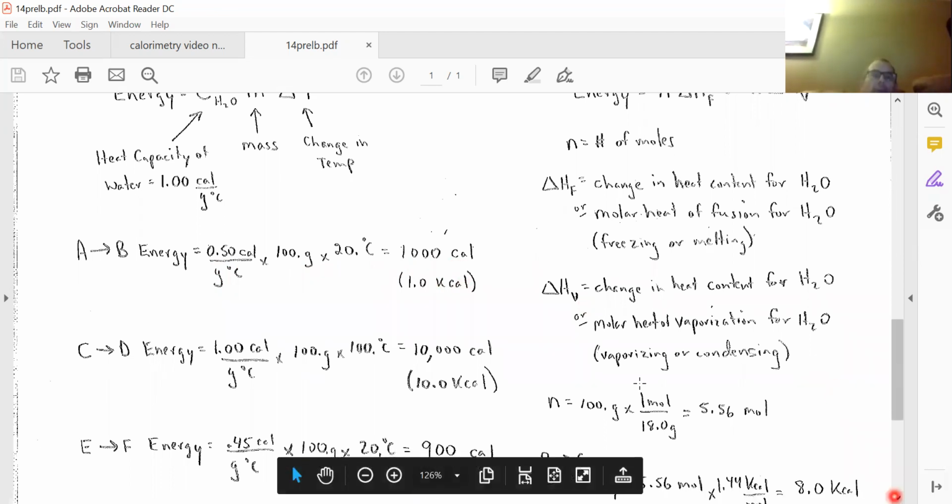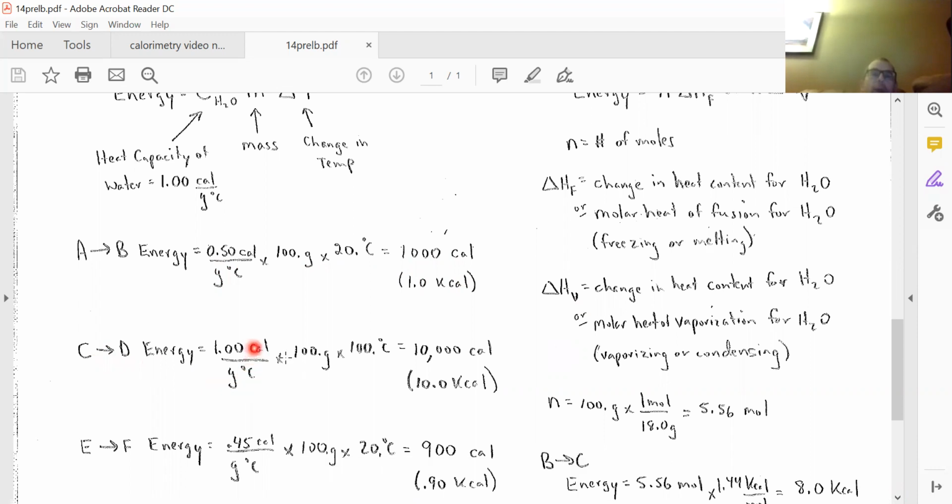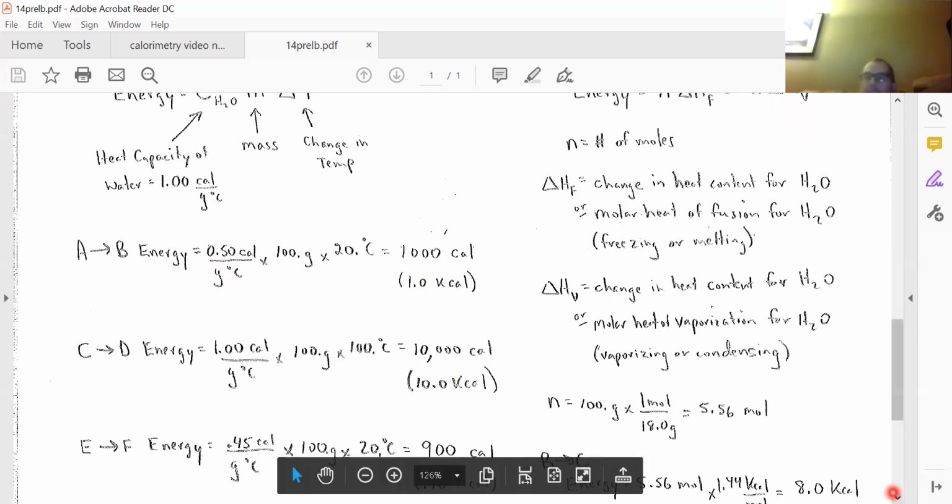Going from C to D, that is the heat capacity of water. It's 100 grams, and this is the part when it went from 0 to 100 degrees. So notice we had double the heat capacity and 5 times as much temperature change, so we have 10 times as much: 10 kcals.